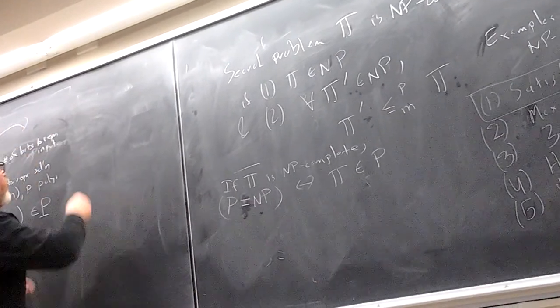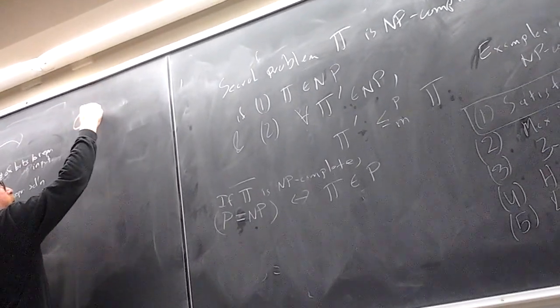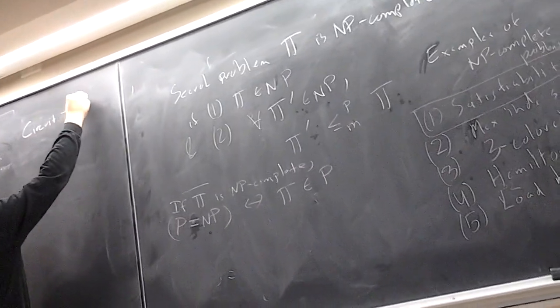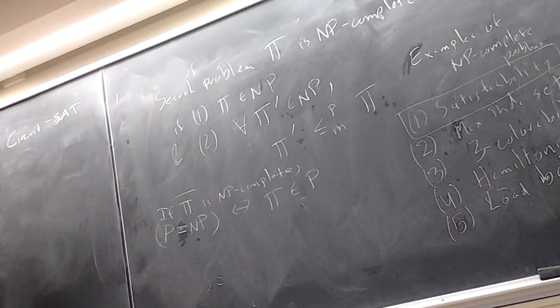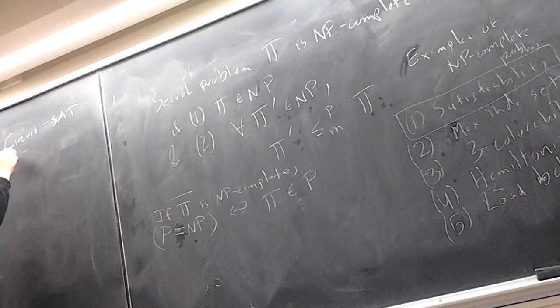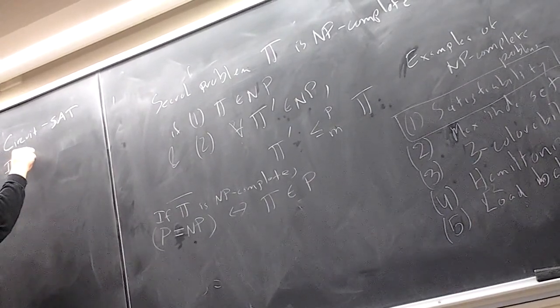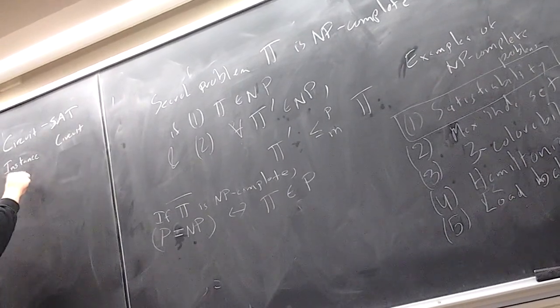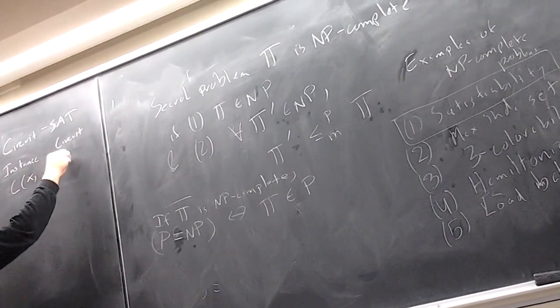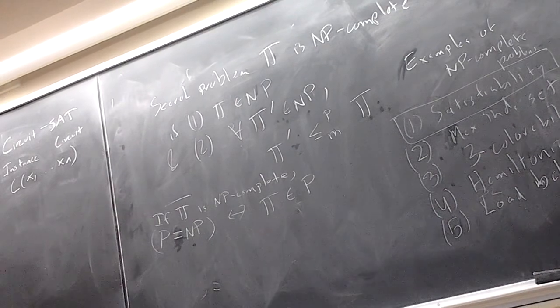So the circuit satisfiability problem: the instance is a Boolean circuit C that has Boolean inputs x1 through xn.